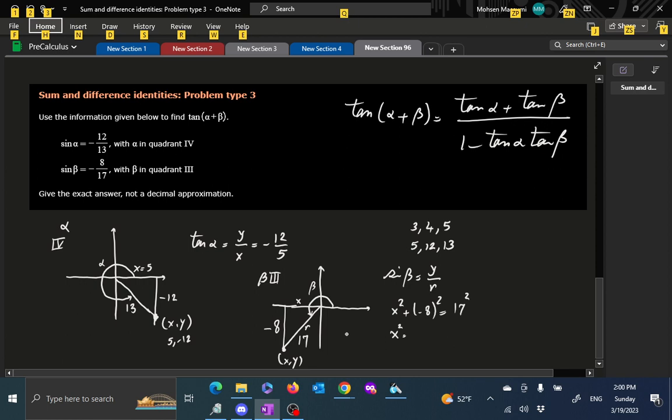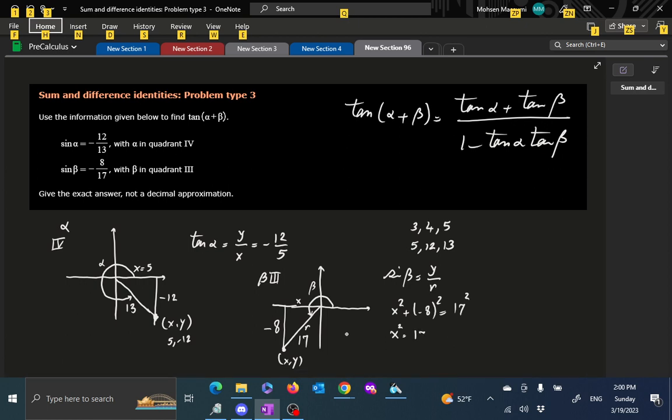So x squared is going to be 17 squared minus 8 squared. That is 289 minus 64, which is 225. X will be plus or minus 15. And the x that works for us is minus 15. Why? Because we are in quadrant 3. So x is minus 15.